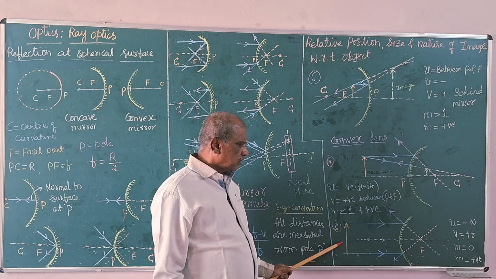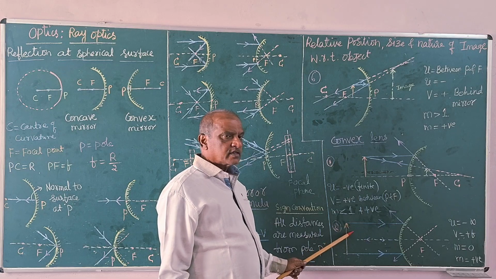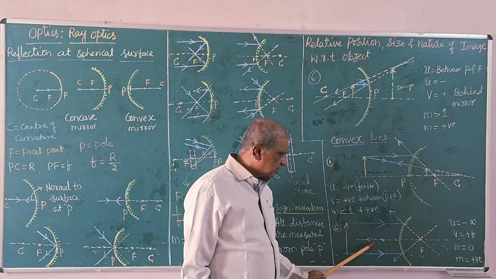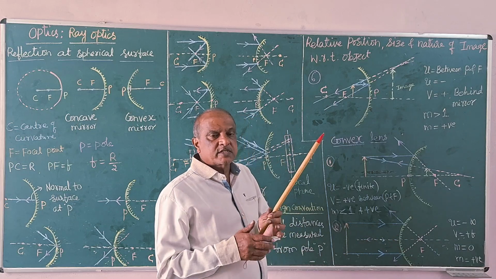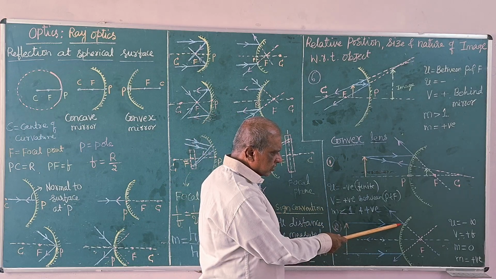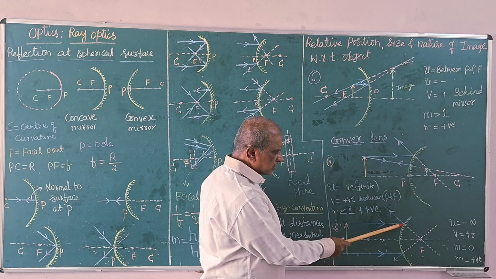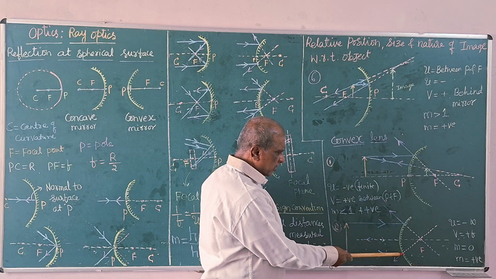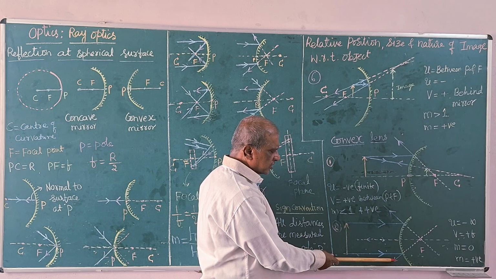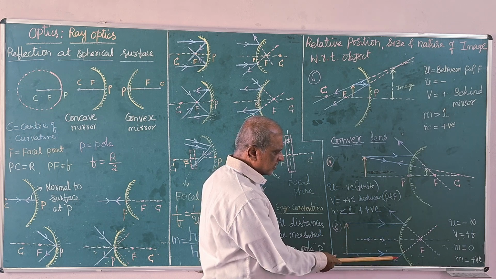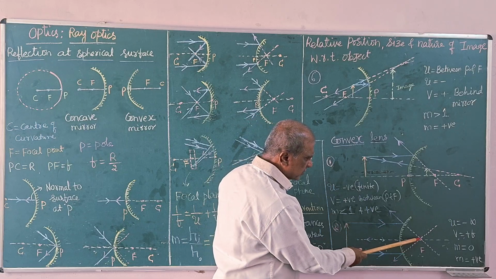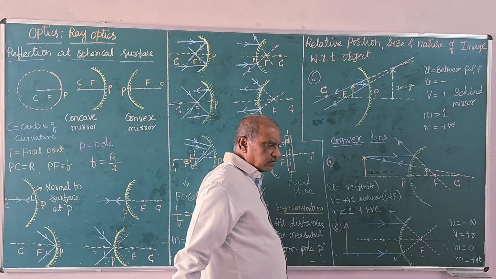As you know, all the incident rays from the object near the mirror lie parallel to the principal axis. They remain parallel to the principal axis. After reflection, this would be the direction of reflection, and you see that the directions of all the reflected rays will pass through only this point, diverging from this point.